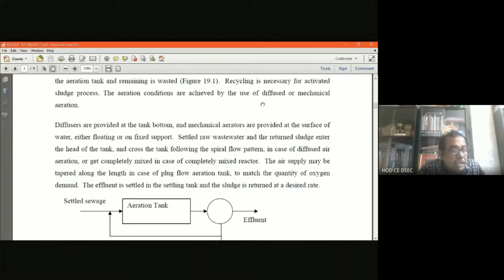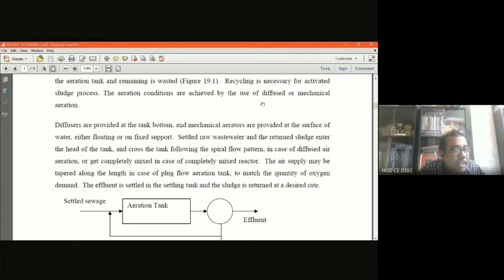So it progressively moves down along the length of the aeration tank, and it is unmixed with the rest of the contents of the tank. But in case of the completely mixed, it involves the rapid dispersal of the incoming sewage throughout the tank.